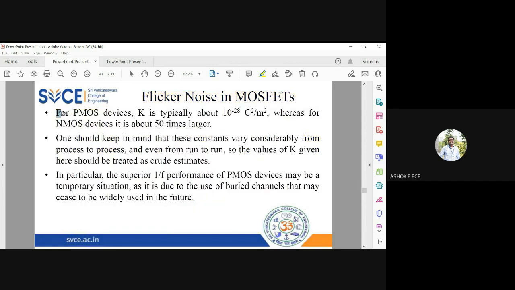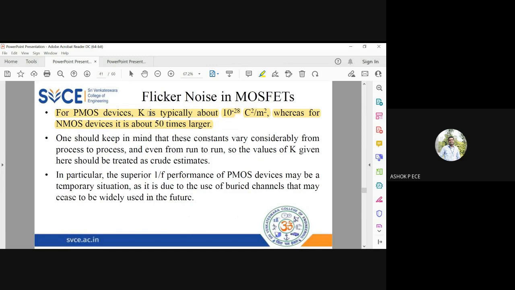For PMOS devices, the K value is very, very small, 10 power minus 28, whereas for NMOS devices it is 50 times larger. This K value, you measure it from the device. After fabricating a device, you subject it to different frequencies and find the noise power, and from that they derive this value of K. When the K value is larger, noise is also larger.